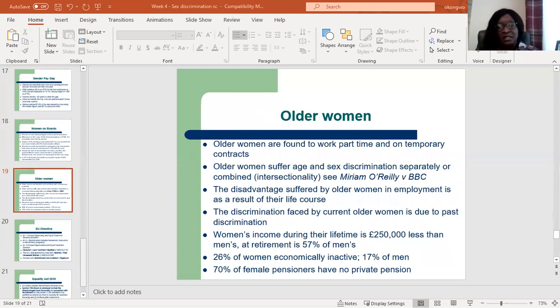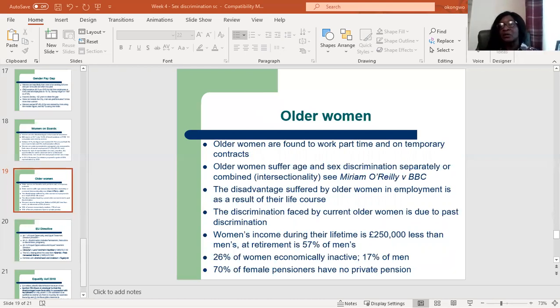And then we have older women. Obviously these issues started from when the person was a girl and, growing older, would impact on older women. Older women are found to work part-time and mostly on temporary contracts. They are more likely than men to play a dual role of working and caring.